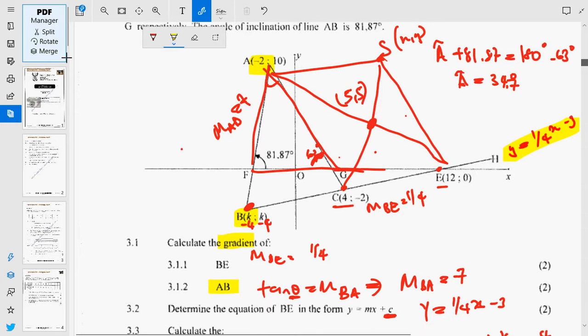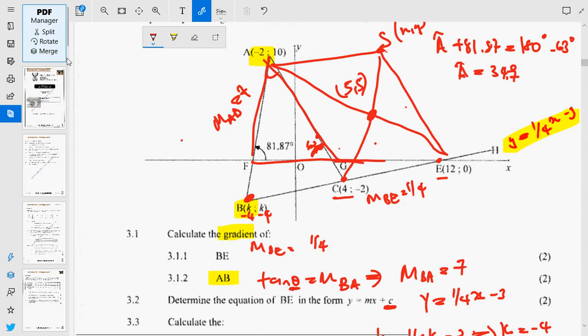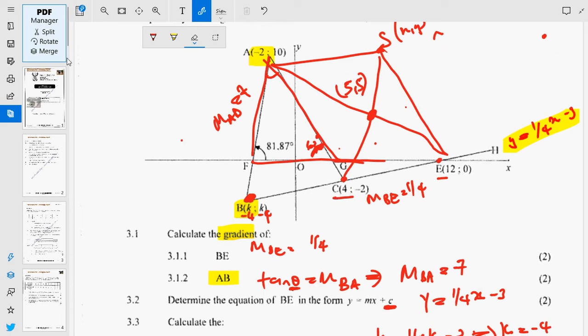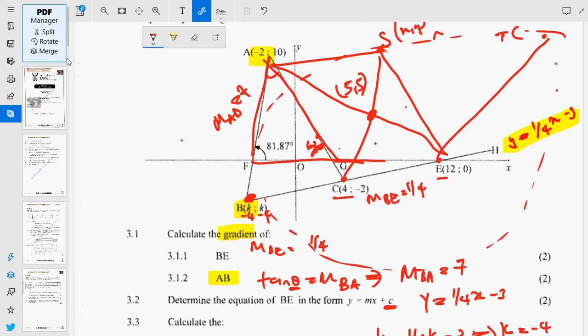So remember, we have got a circle that is passing through B and that is passing through T, which is somewhere here. So let me erase this. So T is somewhere here. So we have got the circle. So if you can imagine this, this is what we have got here. And BE and ET are the radius.